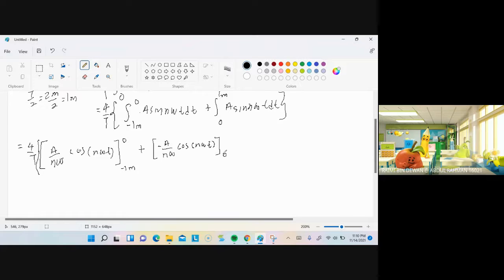Close, and we see the limit is from 0 to 1. Then we close the integrations. Next, you open these limits. So you have here still 4 over T.